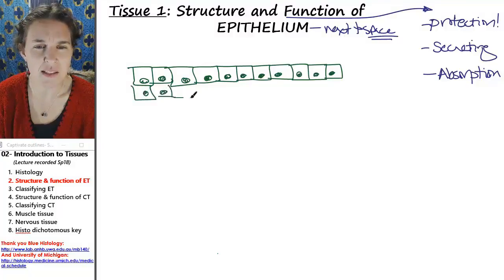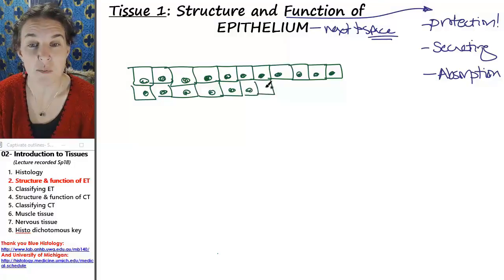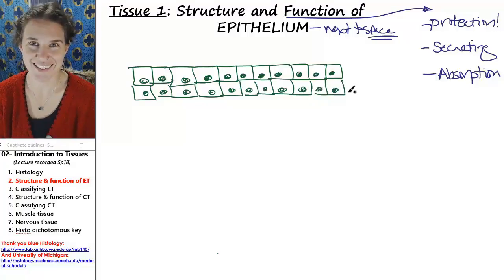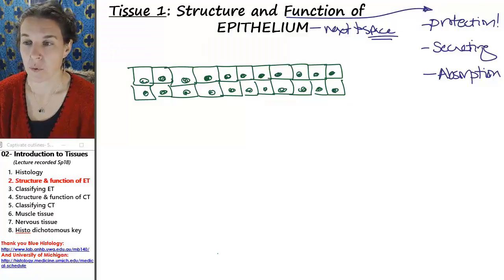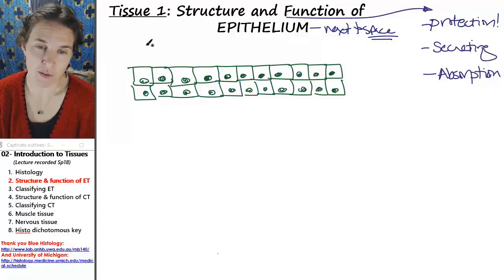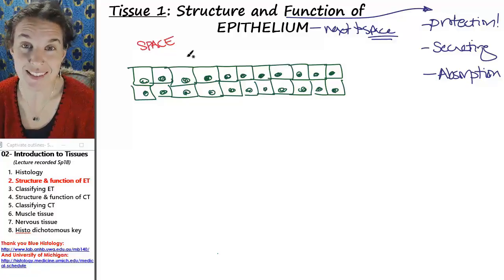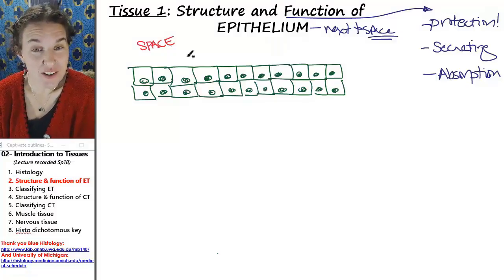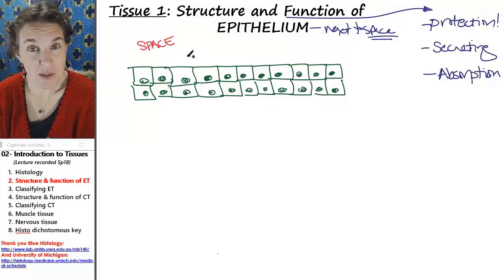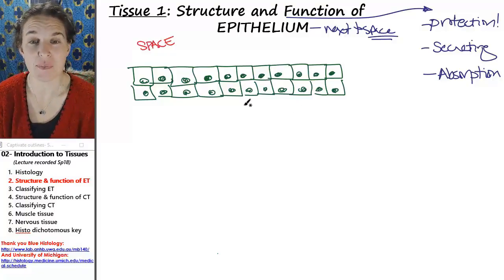I'm going to make this little tissue consist of multiple layers of cells. Multiple meaning two, because I'm not going to draw this forever. Done. How do you know it's epithelium? Well, you don't unless I tell you that this is a space. If you see a space, you can pretty much assume that there's going to be epithelium next to it.